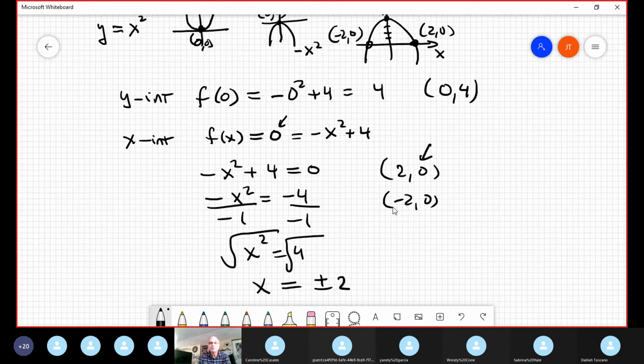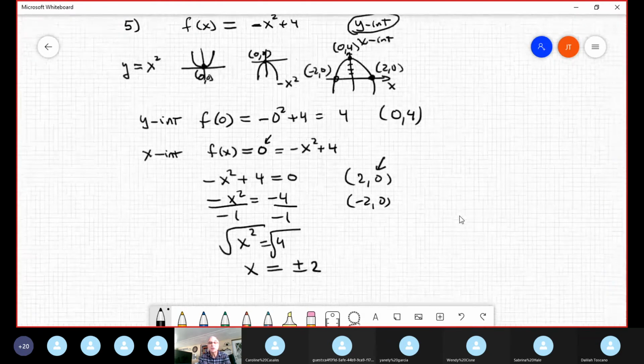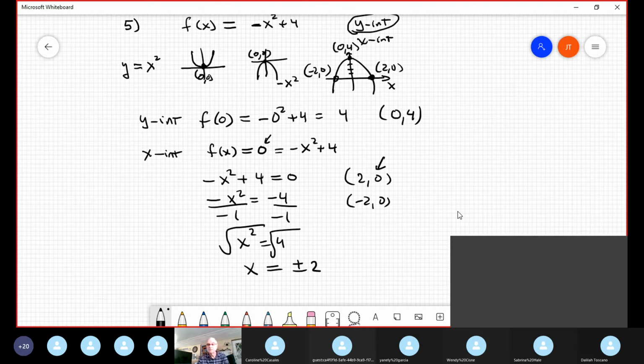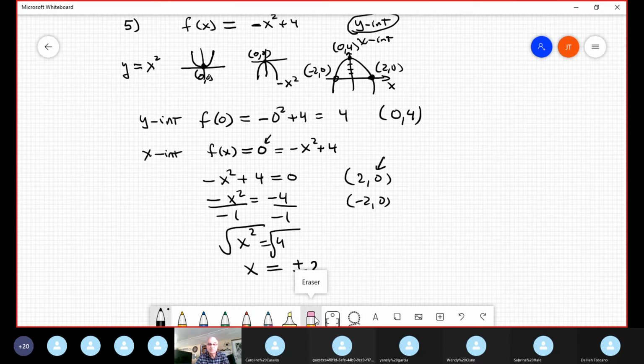Okay, end of the story. Do the graph using transformation and compute the y-intercept and x-intercept. Any question? Super easy, super hard, super complicated? Easy. Okay, Katy Martinez. Let's move on to number 6.